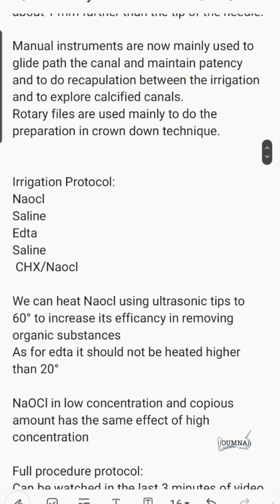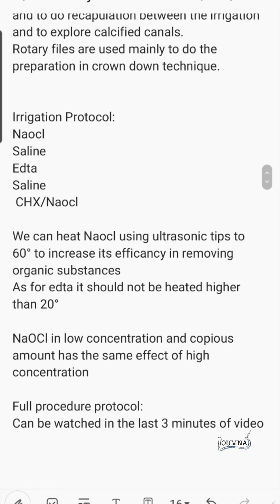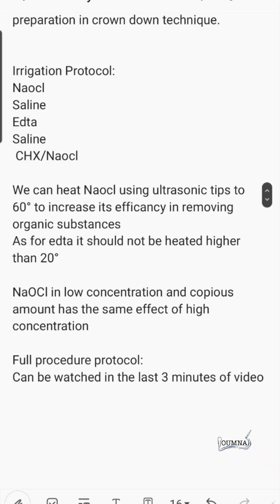The irrigation protocol is hypochlorite, activate, saline, EDTA, saline, and we finish the irrigation with sodium hypochlorite or with chlorhexidine.